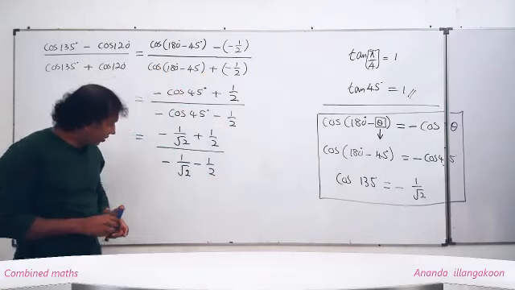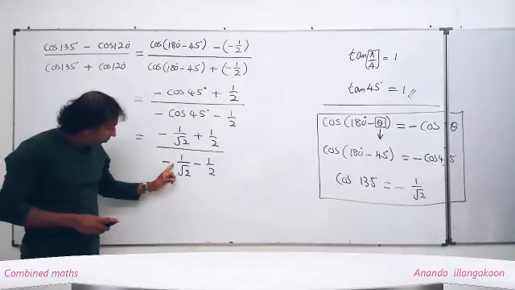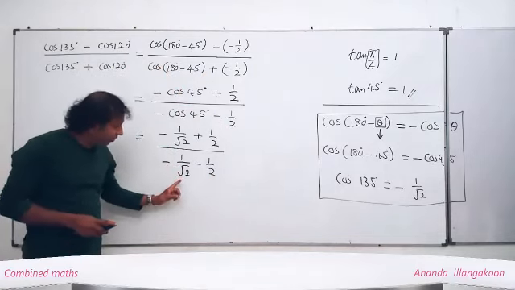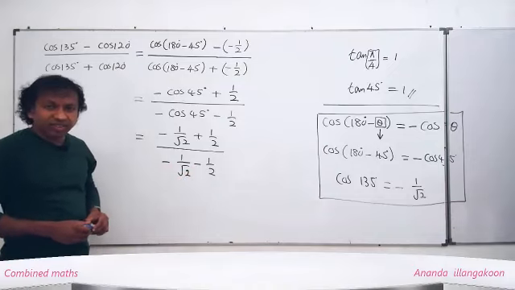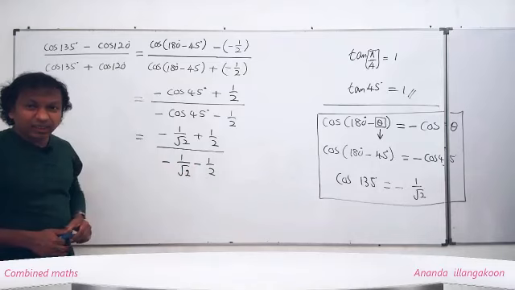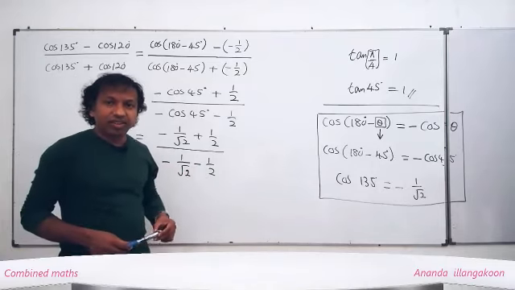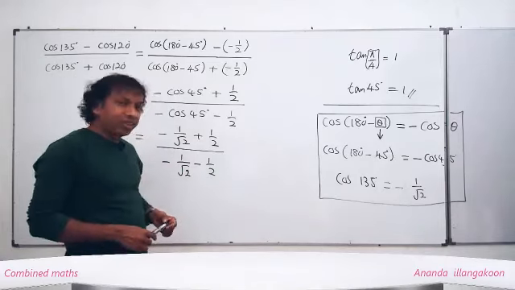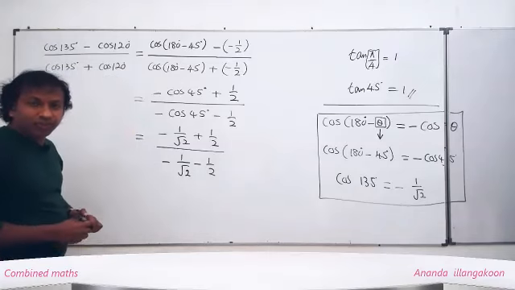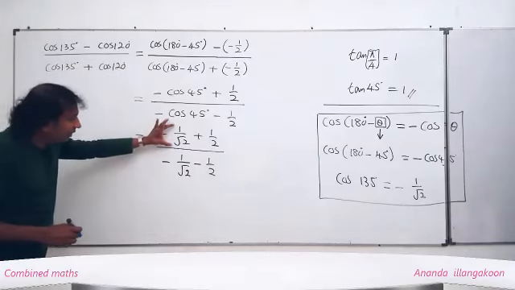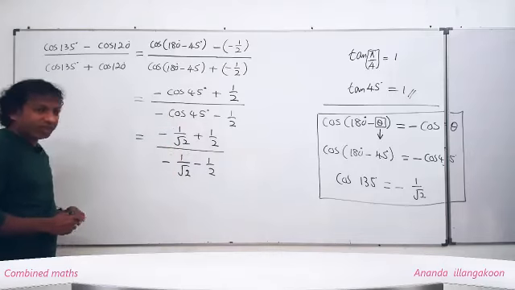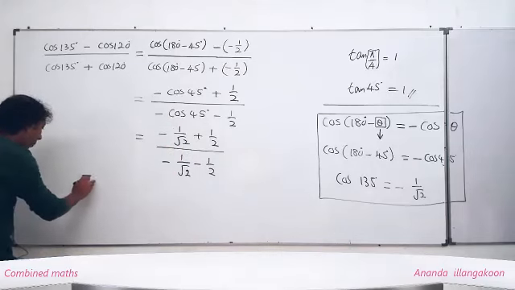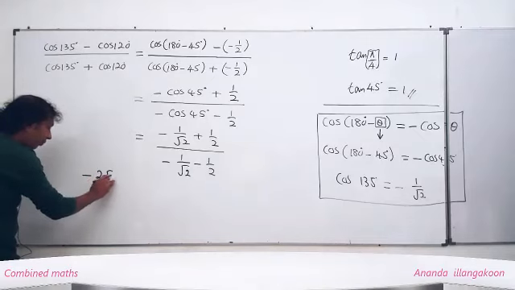Then people, this minus sign as well as this root 2 and this 2, a headache, no? Headache. Then what I do is this, people. All these 4 terms, I multiply by what? Minus 2 root 2.